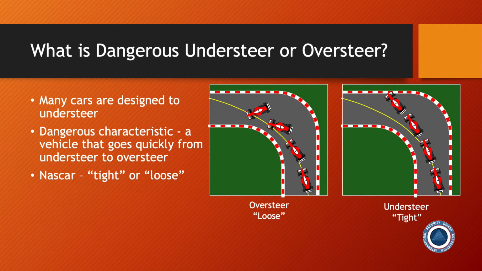So what is dangerous, understeer or oversteer? Although understeer and oversteer can both cause loss of control, many cars are designed to understeer, and it is believed by car designers that understeer is easier to control. In fact, almost all cars you drive have understeer built into them.